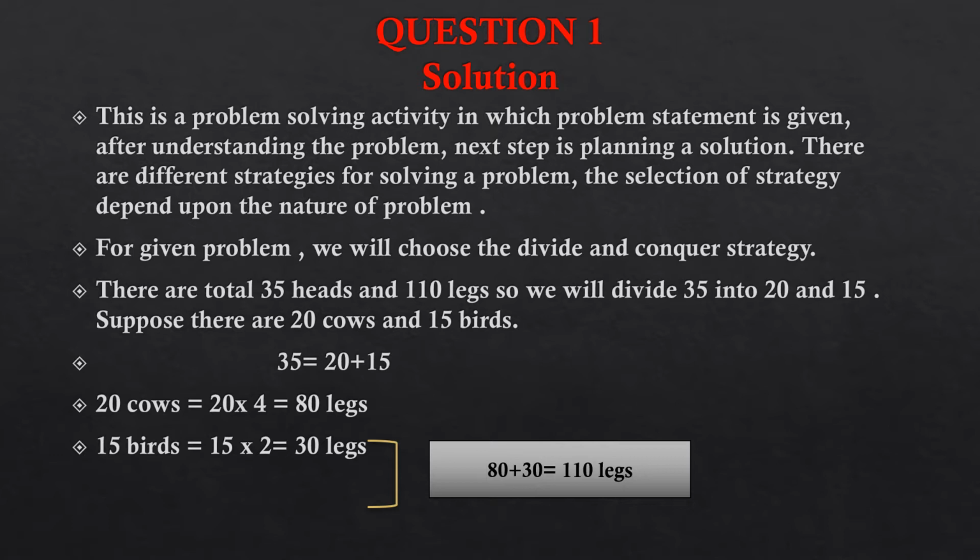And 15 birds, each bird has 2 legs, 15 multiplied by 2 equals 30 legs. So 80 plus 30 equals 110 legs. And that's equal to 35 heads having 110 legs. So there are 20 cows and 15 birds.